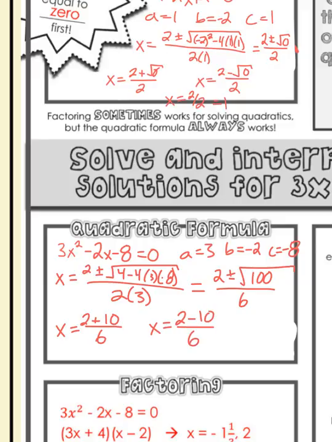So 2 plus 10 is going to be 12 over 6, which equals 2. And then 2 minus 10 is going to be negative 8 over 6, which equals negative 1.3 repeating.